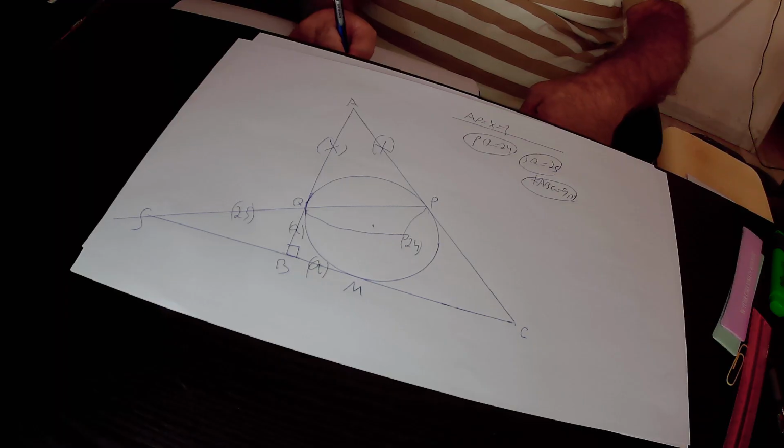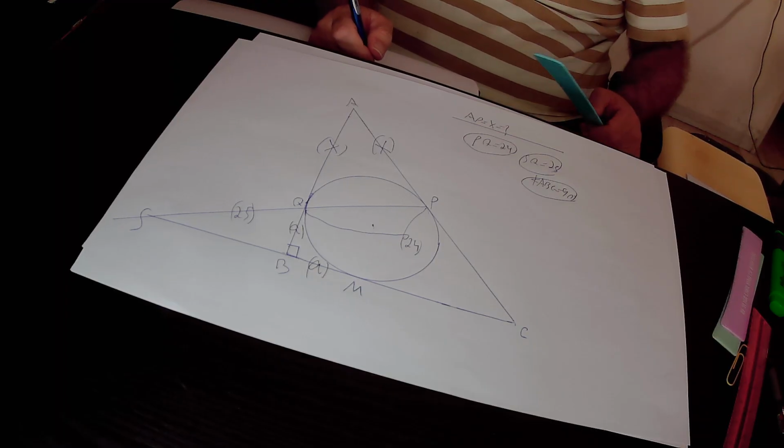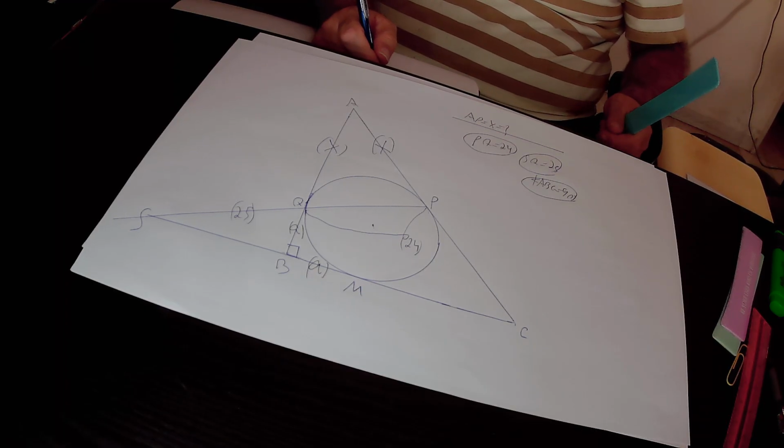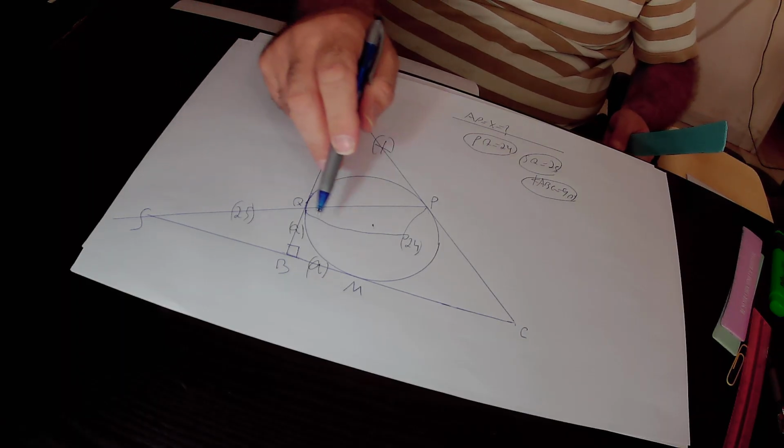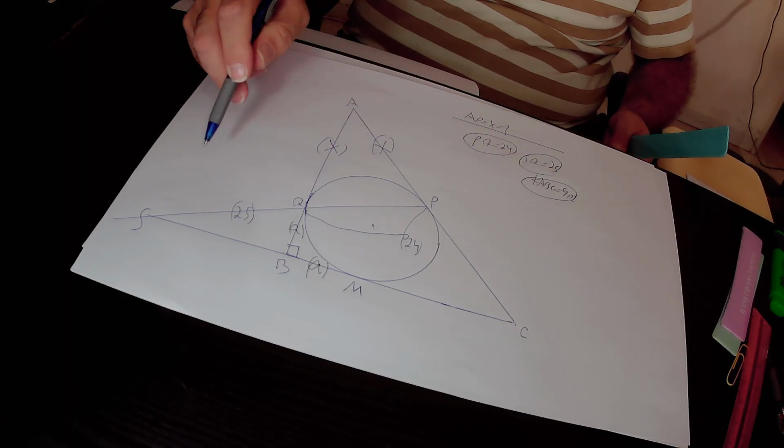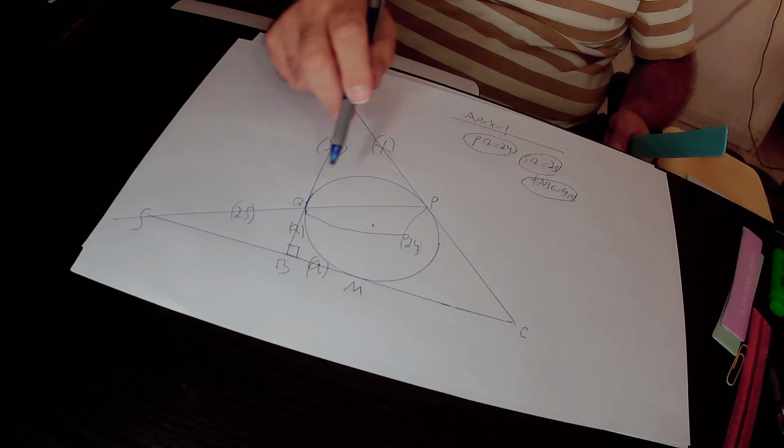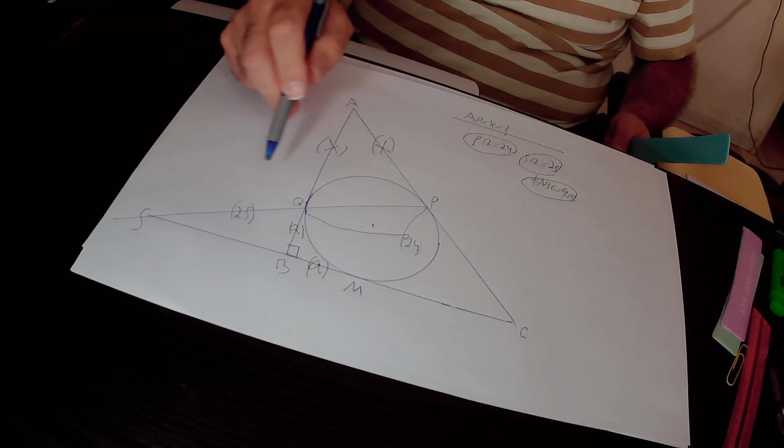According to rule 10, the following equation is true: SM squared equals SQ times SP. Again, SM squared equals SQ times SP.